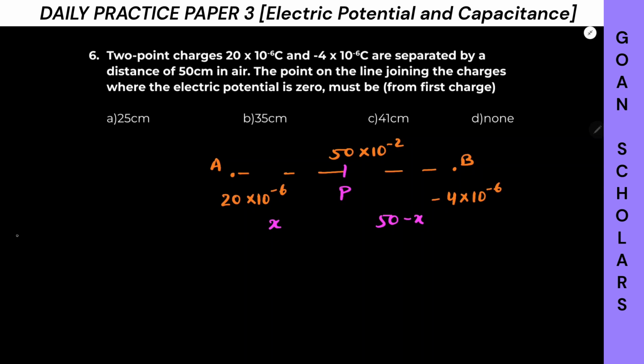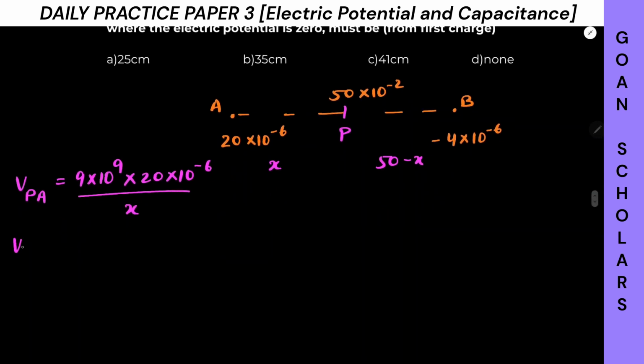So potential at P due to A will be K Q1 divided by separation, which is X. Next is potential at P due to B, K Q2. Again I am repeating, you have to consider the negative sign because potential is a scalar quantity.